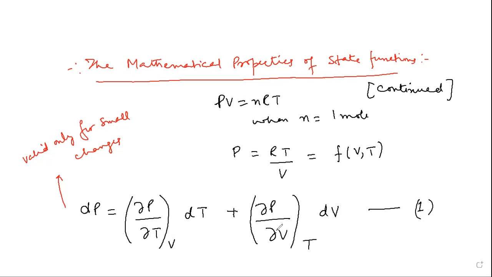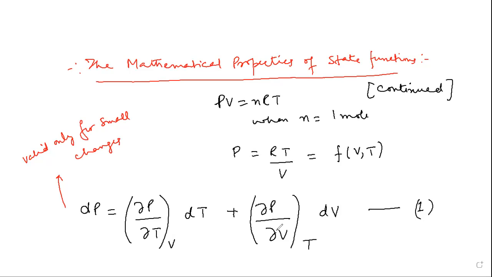Then we talked of mixed second order derivatives. We said for a state function, the order of differentiation doesn't affect the outcome. What we did, we found the first derivative of pressure with respect to volume, keeping temperature constant.